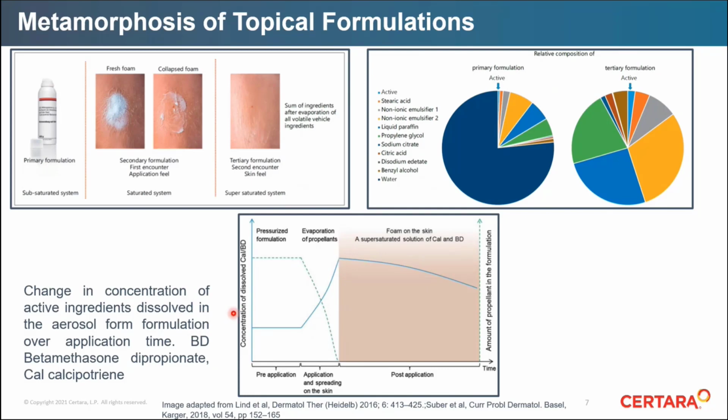So your drug product can end up in a supersaturated state, and this could really enhance the concentration gradient of your drug, and therefore your drug may permeate more through the skin. So understanding these processes is quite important to put into the models so that we can predict in vivo local exposure.